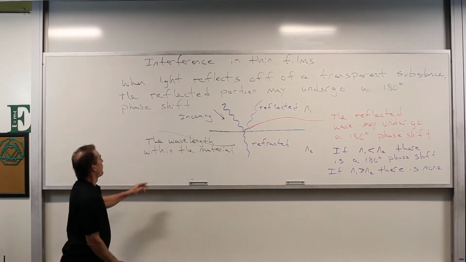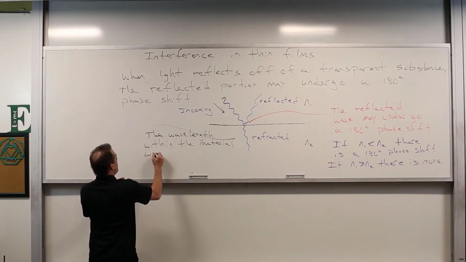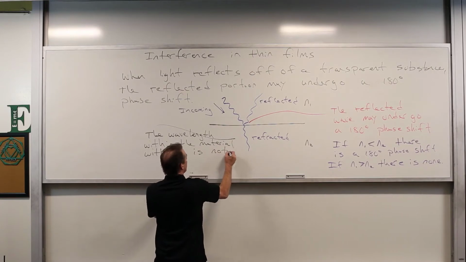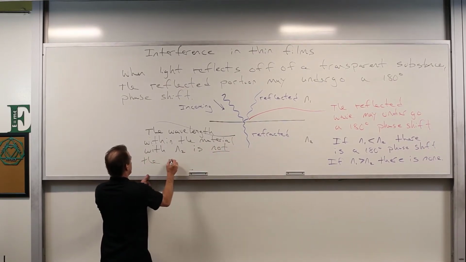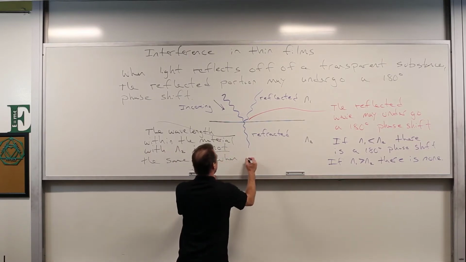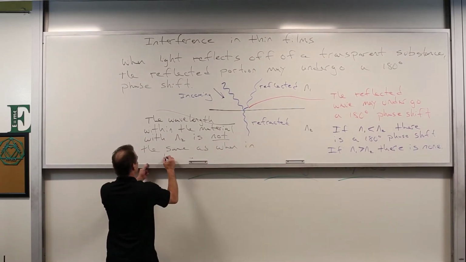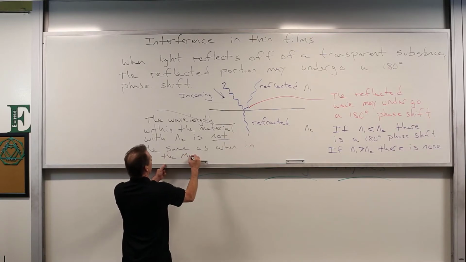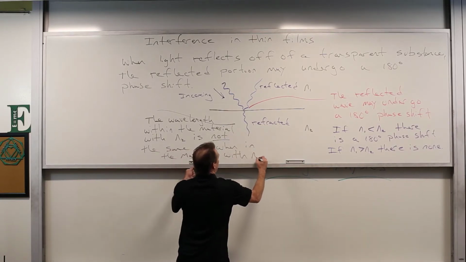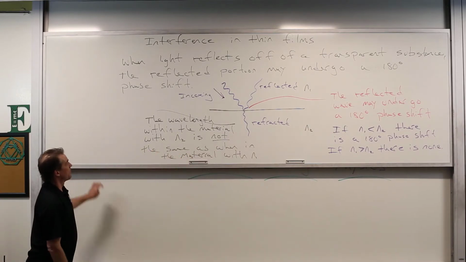The wavelength within the material with N2 is not the same as when in the material with index of refraction N1.